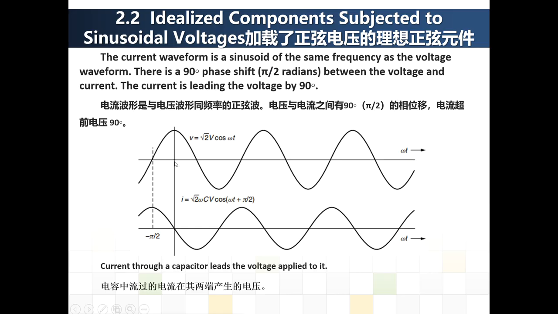So we can see this is the current waveform. This is the original voltage waveform. And this waveform is moved to the left side with a 90-degree difference. So we say the current is leading the voltage by 90 degrees.